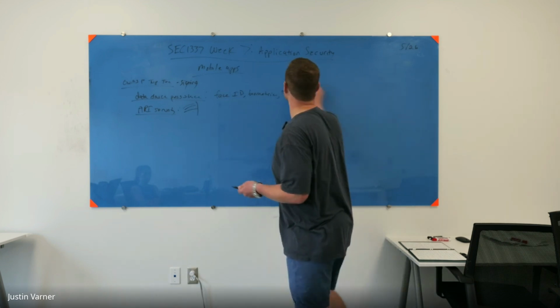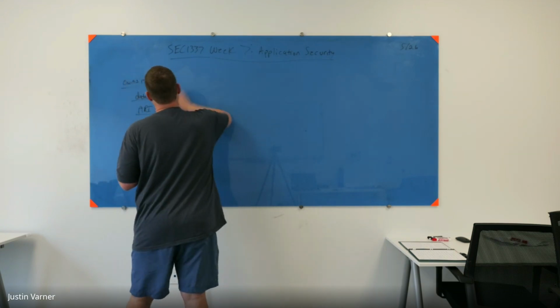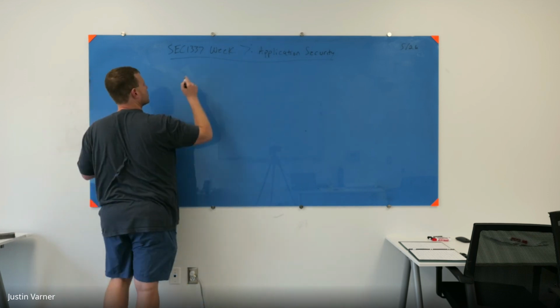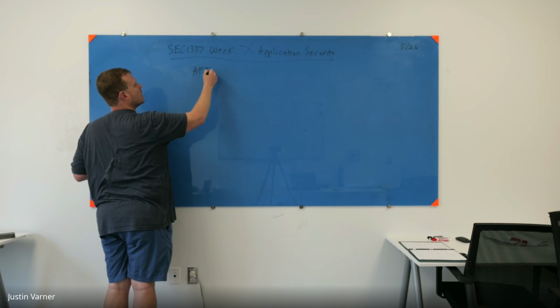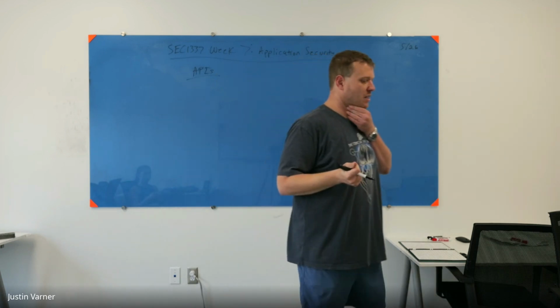So APIs. I would say probably 80% of web app attacks now are based around some sort of abuse of APIs. And they're not really focused on because they're new and people don't understand them properly.